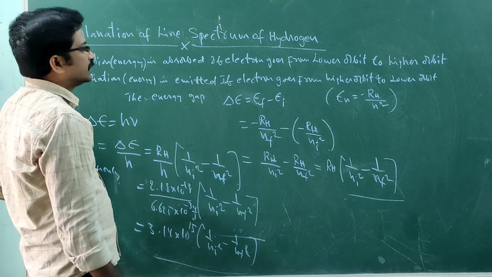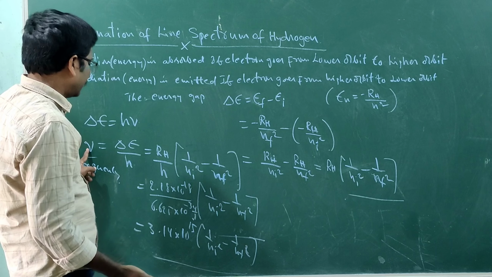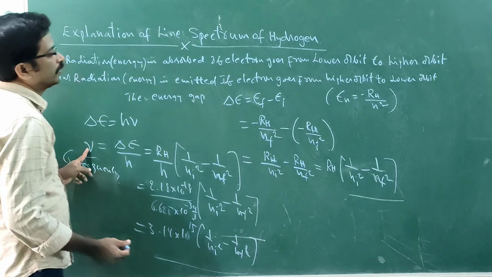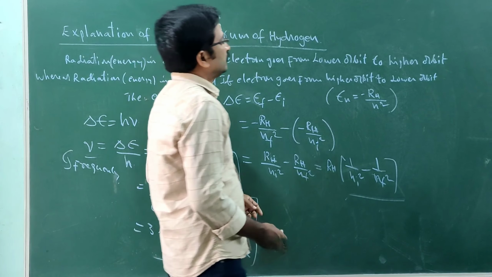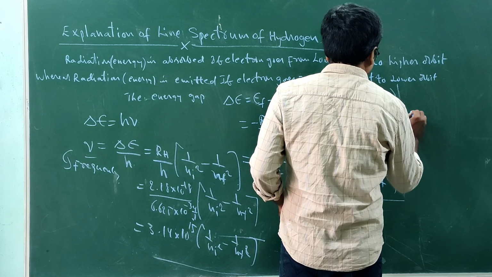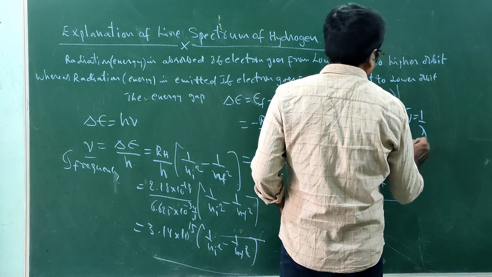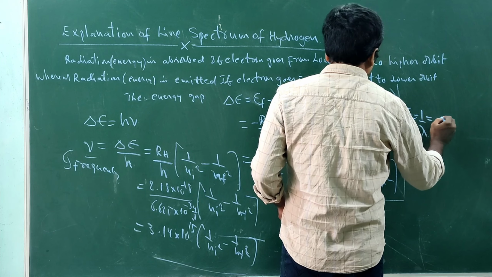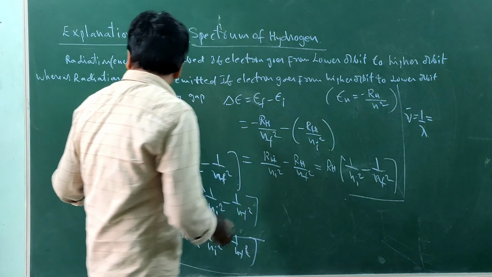Then you may write this another way, as nu bar. We know nu bar is equal to 1 by lambda, that is the wave number.